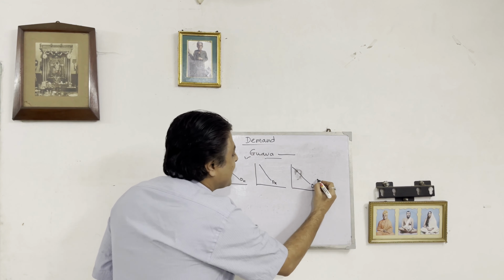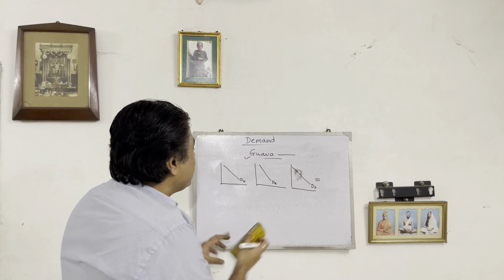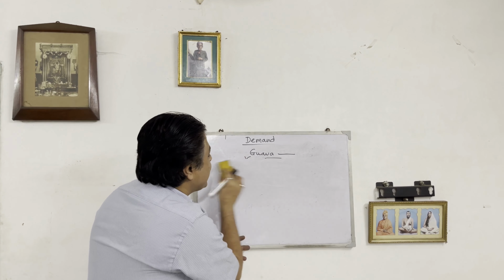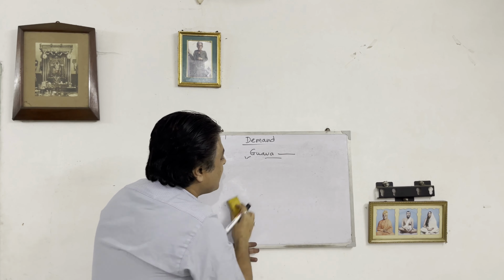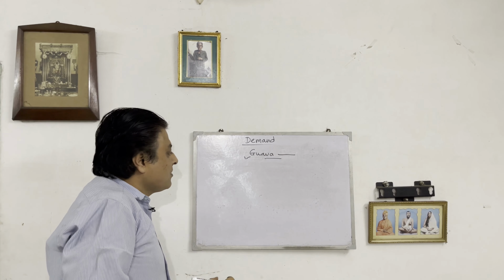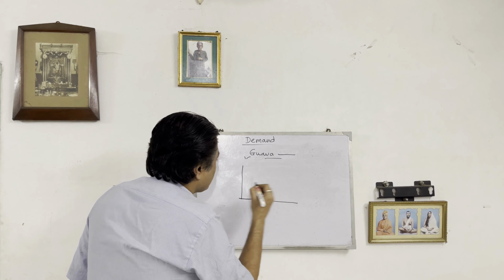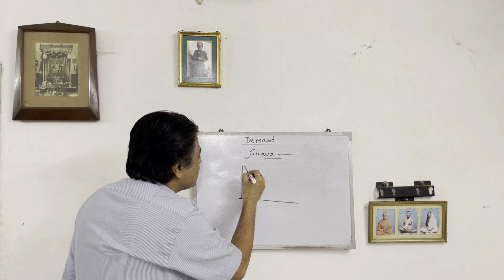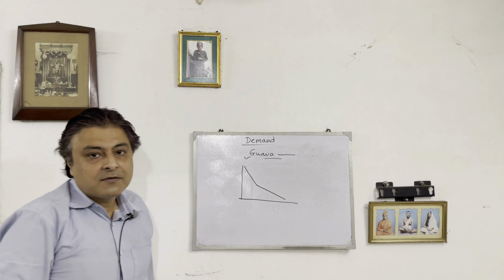So the market demand curve automatically, there is no space here. Let me rub it. Please remember the shapes. Do not forget the shapes, please, because that will be problematic for me too. There will be a steeper part and there will be a flatter part.